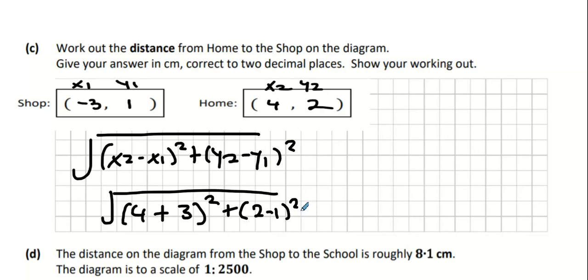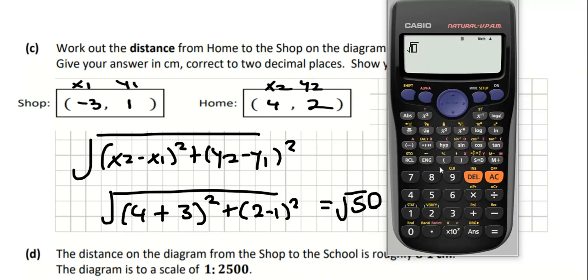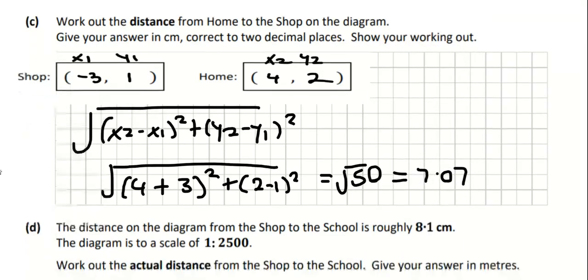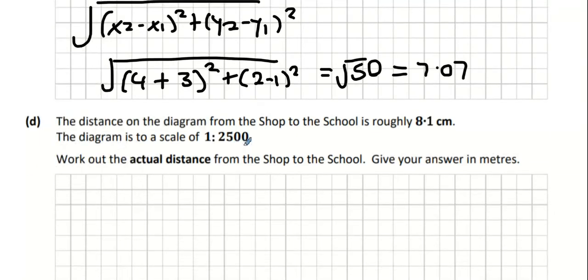What you should get is the square root of 50, or 7.07. Just put root 50 in like so, and we get 7.071, so I round off to 7.07. Okay, the distance in the diagram from the shop to the school is roughly 8.1 centimeters.